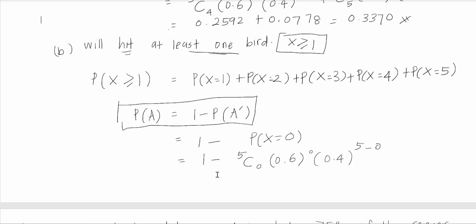After we solve this, we get the answer equal to 1 minus 0.0102, which is equal to 0.9898.